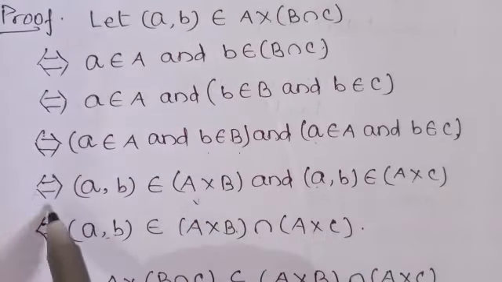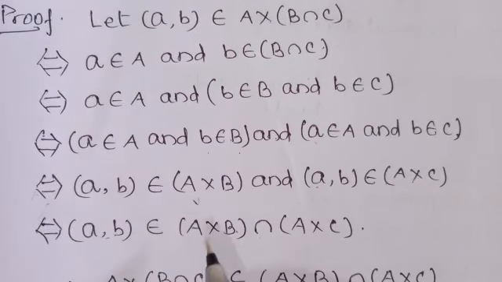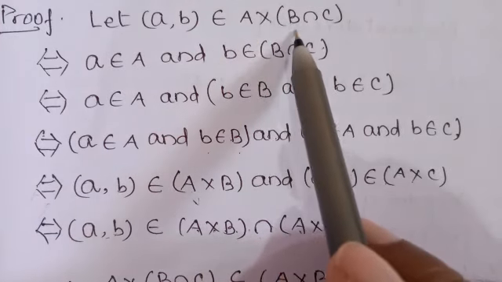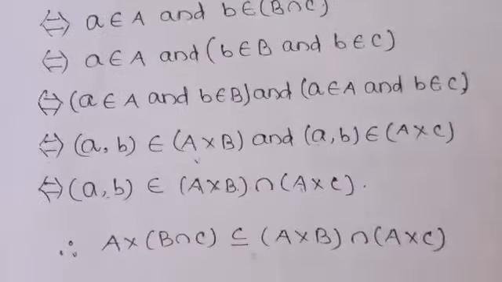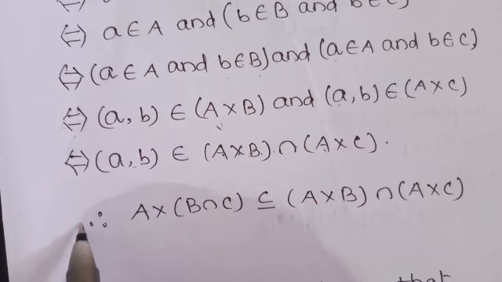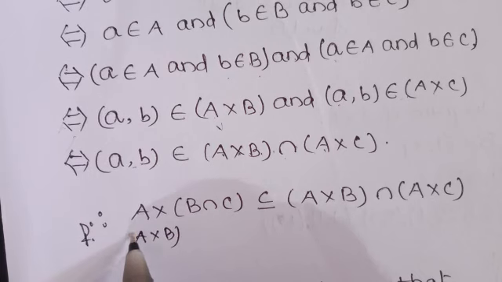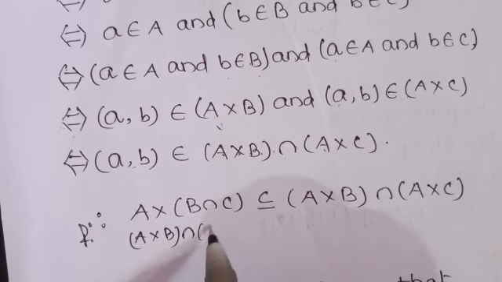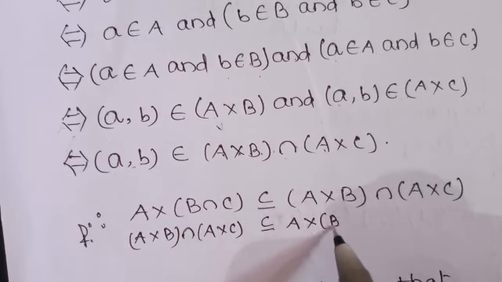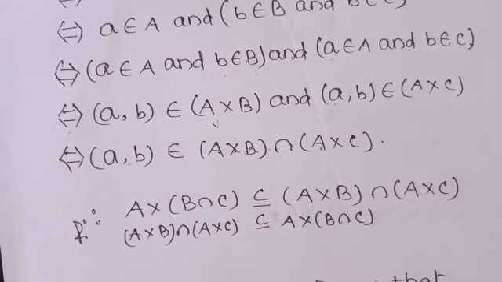So from the is implied by symbol we will get that A cross (B intersection C) is a subset of (A cross B) intersection (A cross C). And here we also write that (A cross B) intersection (A cross C) is a subset of A cross (B intersection C).